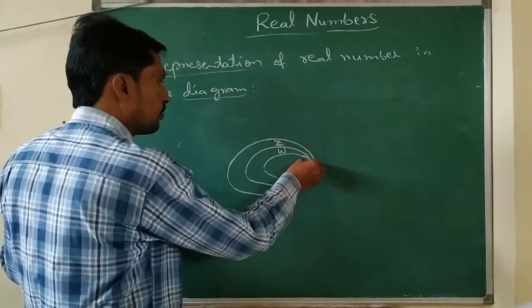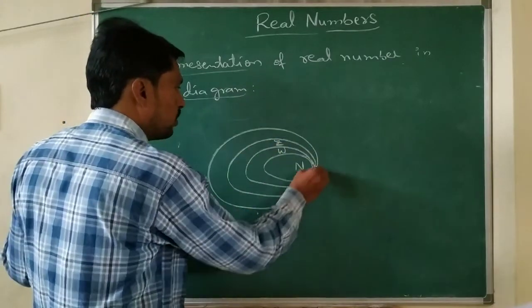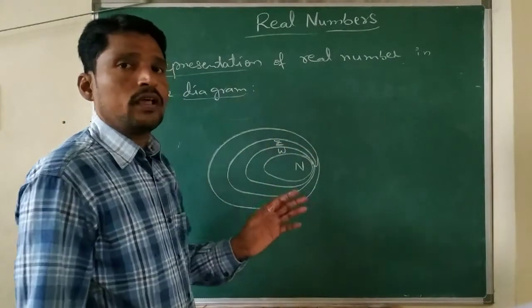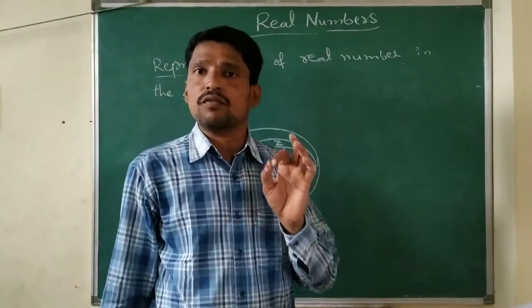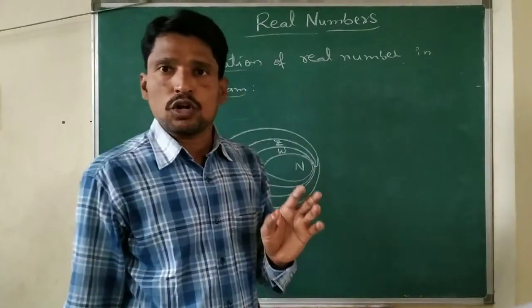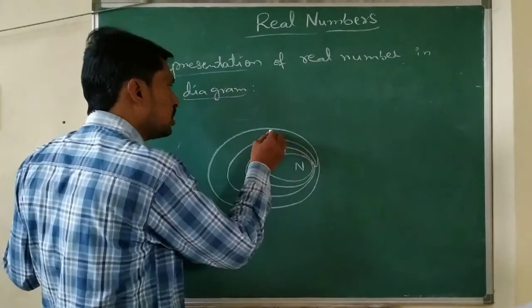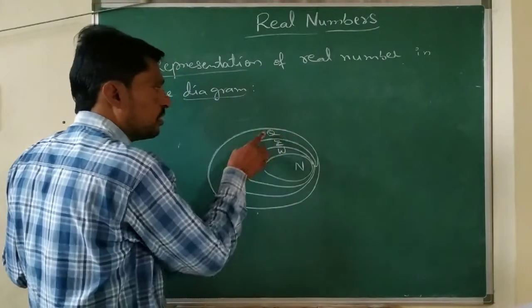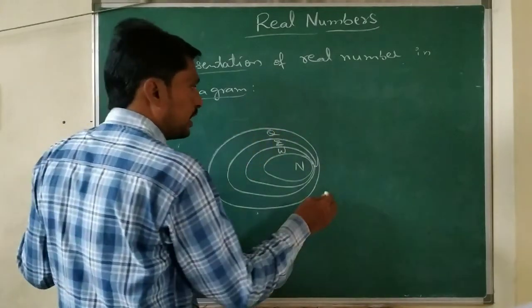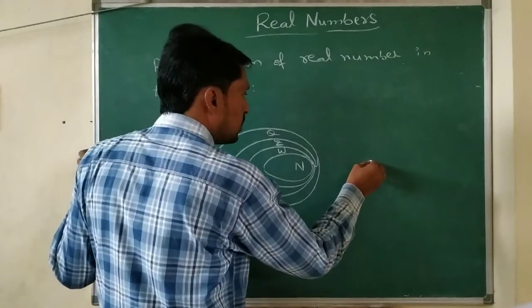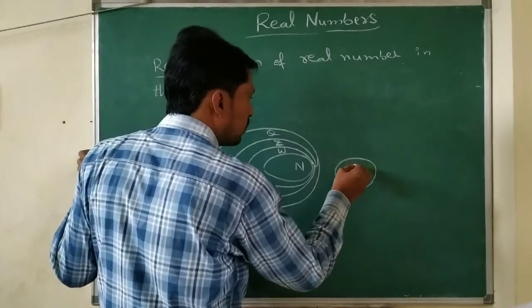Next one is rational numbers. What are rational numbers? The numbers which we can write in the form of p by q, q not equal to 0, where p and q are integers, are called rational numbers. It is denoted as Q. Next one is irrational numbers. What are irrational numbers?